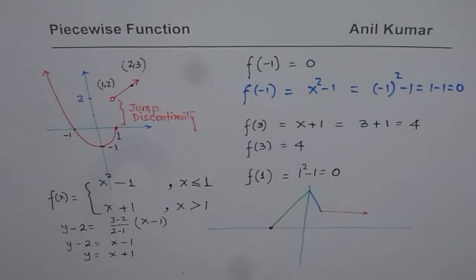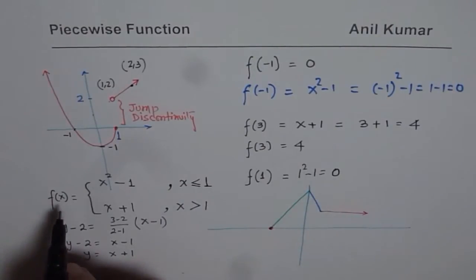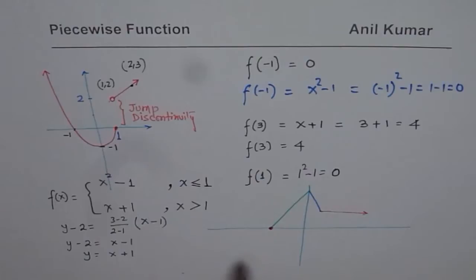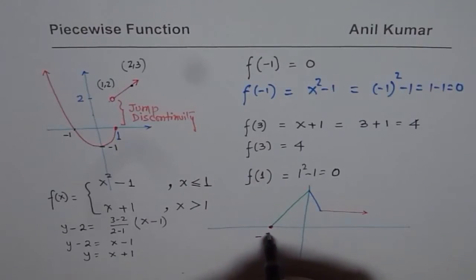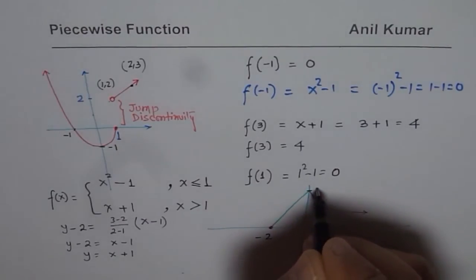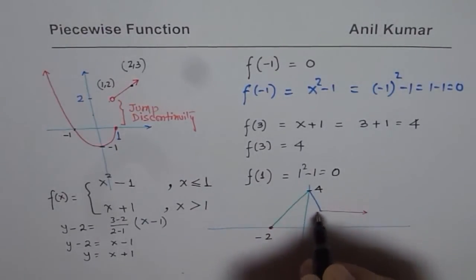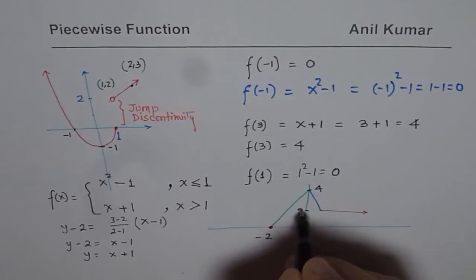So that is the function which we have. Now the exercise for you is to write down the equation of this piecewise function. Let us say this value is minus 2, and let's say this value is plus 4, and here let me say this value is 2.